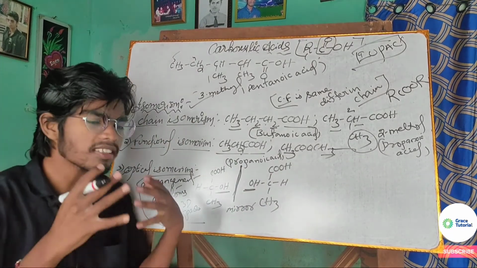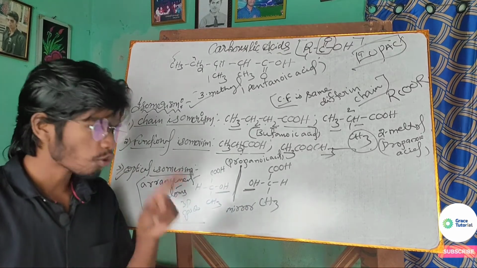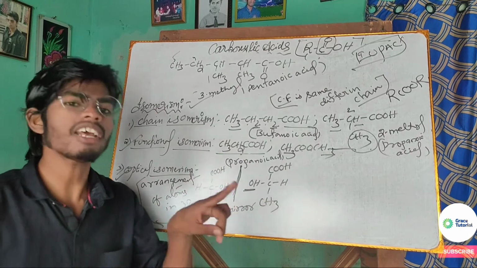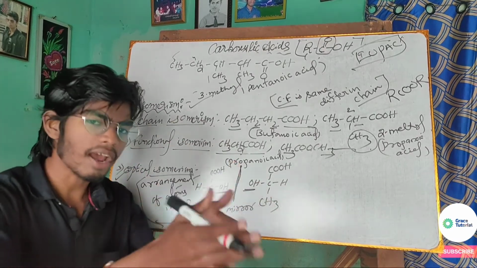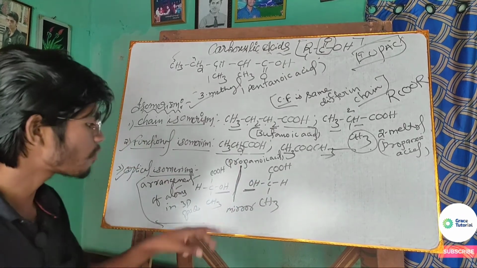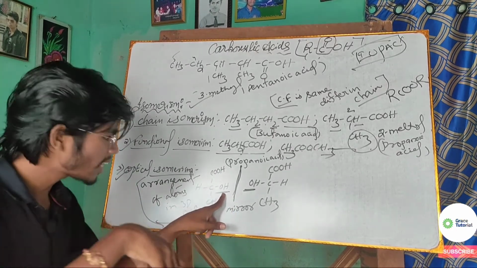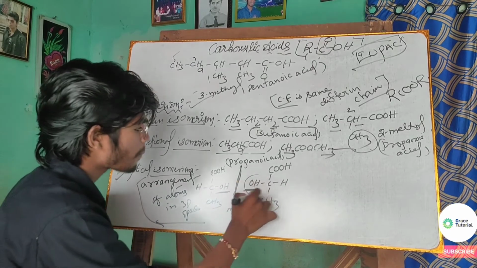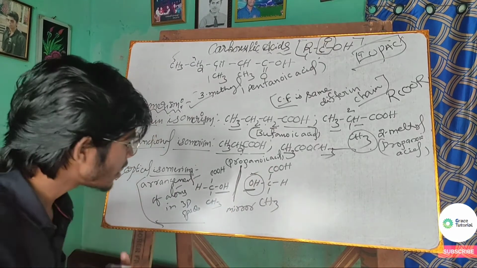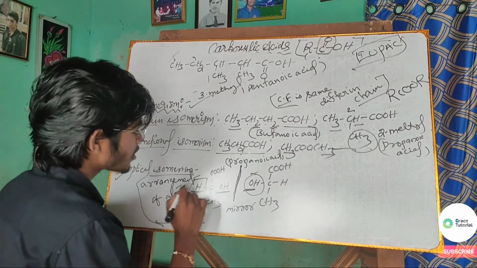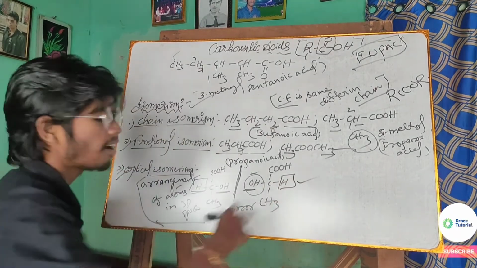How? Because if you stand in front of a mirror, your right hand appears on the left side, and your left hand appears on the right side. In the exact same way, if you put this compound in front of the mirror, the hydroxyl group present on the right side appears on the left side. Similarly, the hydrogen on the left side appears on the right side.